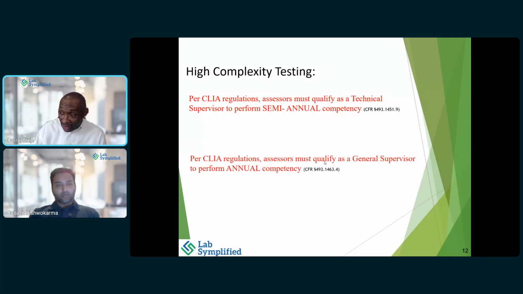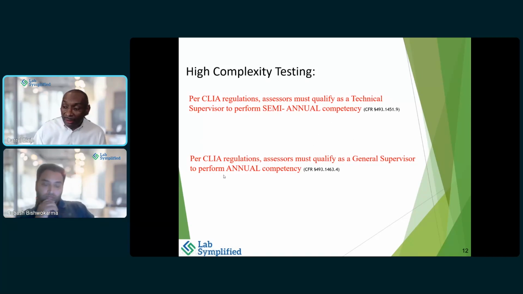And per CLIA regulation, assessors must qualify as a general supervisor to perform an annual competency. And the general supervisor, as you know, for high complexity testing, those of us who are working in blood bank, all immunohematology, aka known as blood bank, is high complexity testing. That was a route where you had many MOTs working there.